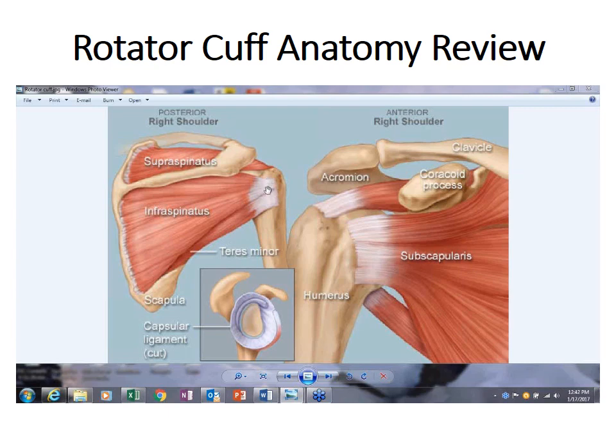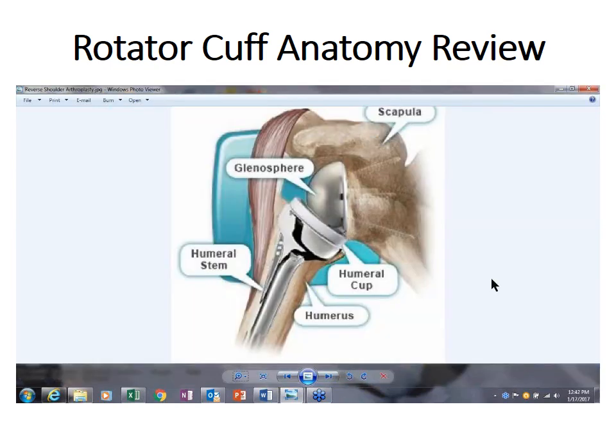When the muscles of the rotator cuff become weak and deficient, particularly the supraspinatus muscle, which tends to get pinched, if they are so weak that they are no longer effective, a reverse total shoulder arthroplasty may be done. With the reverse total shoulder arthroplasty, the ball and socket joint of the shoulder is reversed.